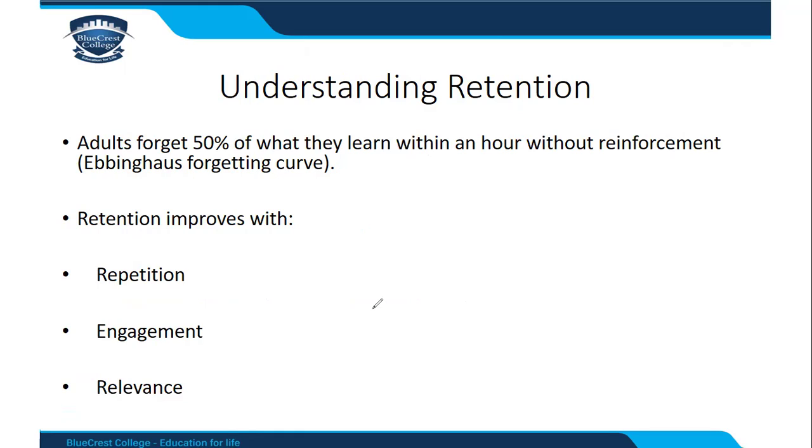So it's important that you as a trainer understand retention and how to help people retain the information that you have given them. This can be done through repetition. You can do this by engaging the people, possibly in a discussion. And then you can also do this by helping the people to see how relevant that particular discussion was.